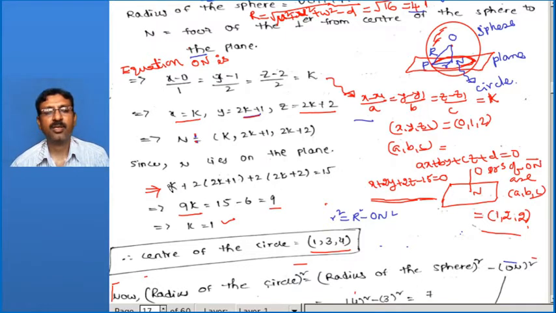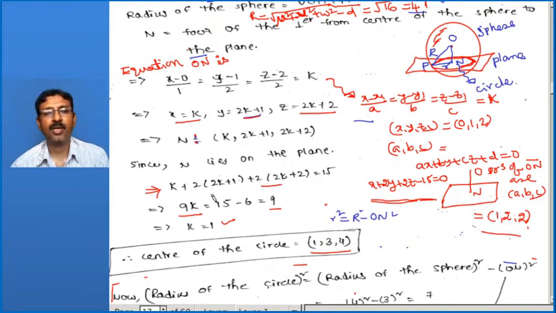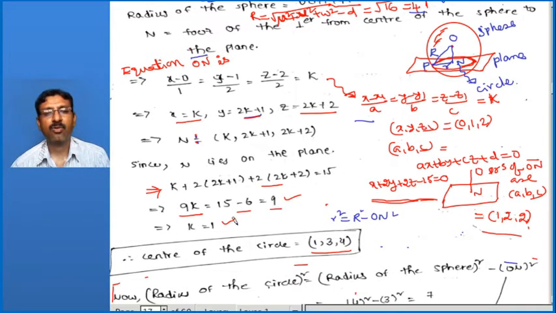On simplification, k plus 4k plus 4k, 9k, and the constants 2 plus 4, 6. Shifting to the right side, 15 minus 6, that is 9. 9k equal to 9, k equal to 1.